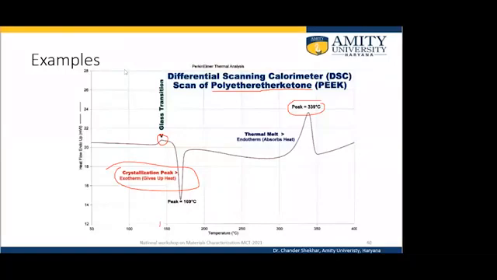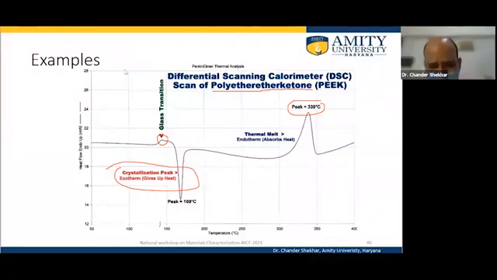There's a query from Preetham. Can DSC detect the weakest thermal effect? Yes, it depends on the amount of thermal energy exchange. The weakest effect, such as the latent heat of a transformation, can be detected if it is more than the sensitivity of the instrument.